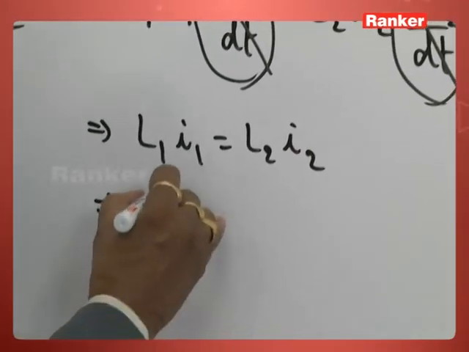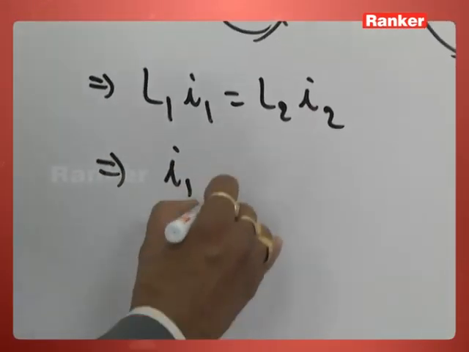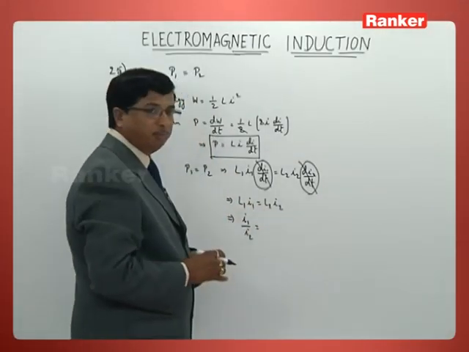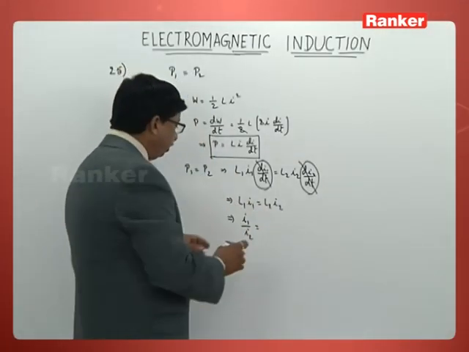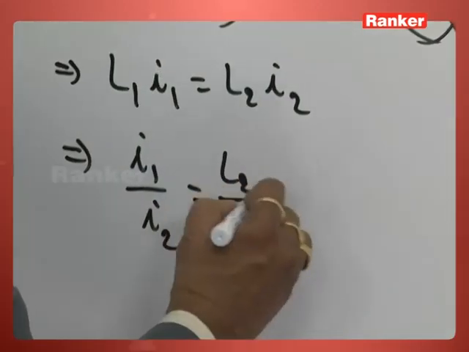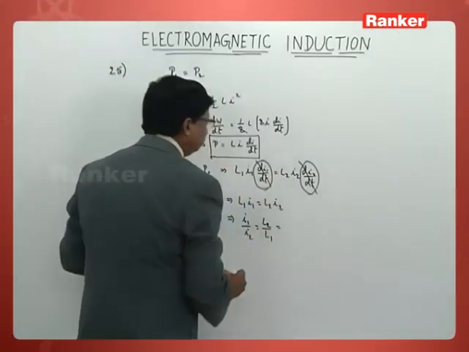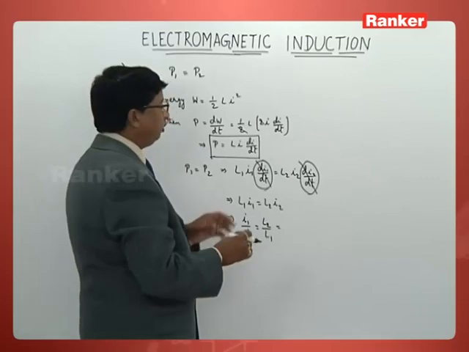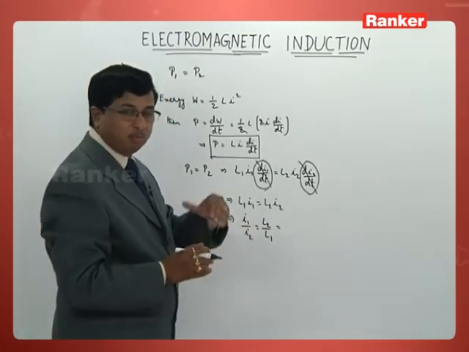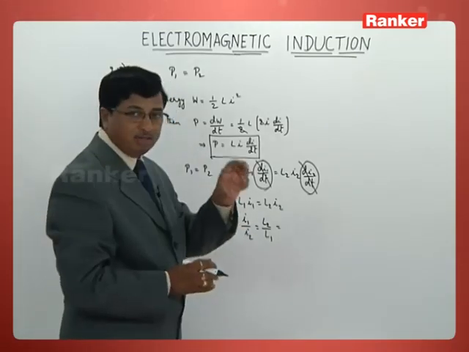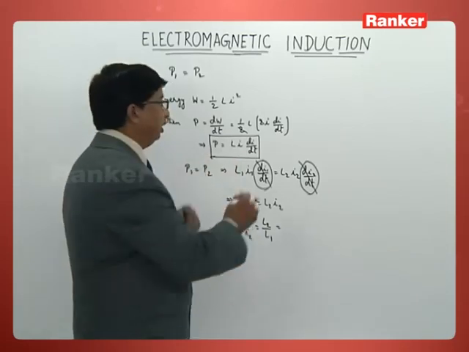Therefrom you can estimate what is the ratio of currents passing through both of them. I1 by I2 now becomes L2 by L1. L2 according to the problem is given as 2 millihenry and L1 is given as 8 millihenry.